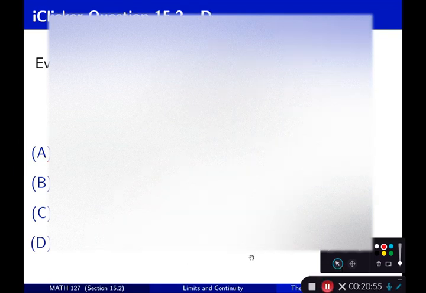Okay, another iClicker question, 15.2D. Evaluate the limit if it exists of the limit as x and y approach 0 and 0 of 6x to the third y squared over x squared plus y squared to the power 2. Take a moment and solve and come back. So this time I see that the degree of the numerator is 5.